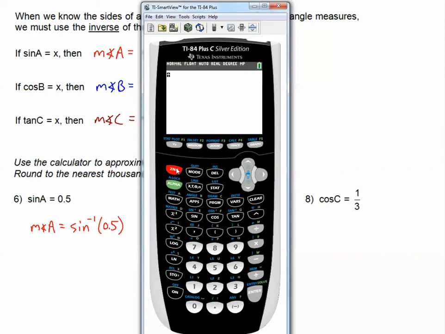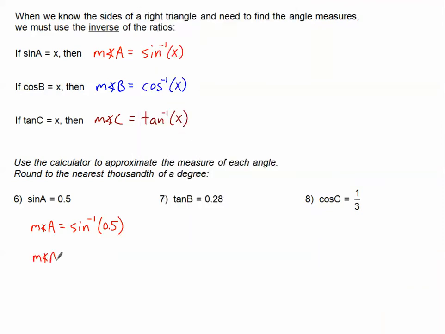So I have to push the blue button and then the sine button. Then I'll put my 0.5 in there with my parentheses and push enter. I already know that I'm in degree mode, and I get my answer of 30 degrees. And that's actually exact. So I can say that the measure of angle A is exactly equal to 30 degrees.